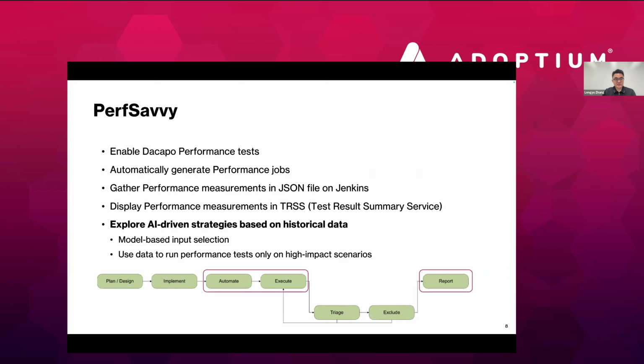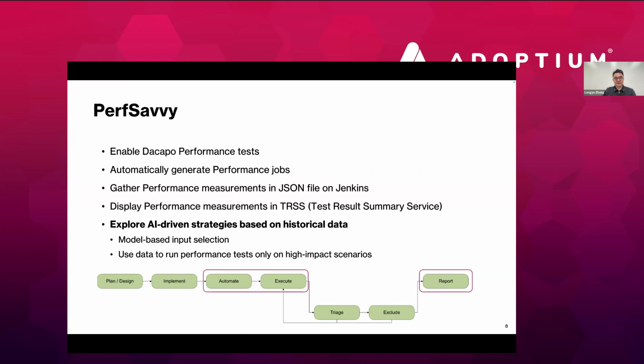So for the first project, Perf Survey, in this program, we enabled the decoupled performance tests and enabled the automatic generation of performance jobs. And also, we can gather the performance measurements in JSON files on Jenkins and display them in the TRSS.